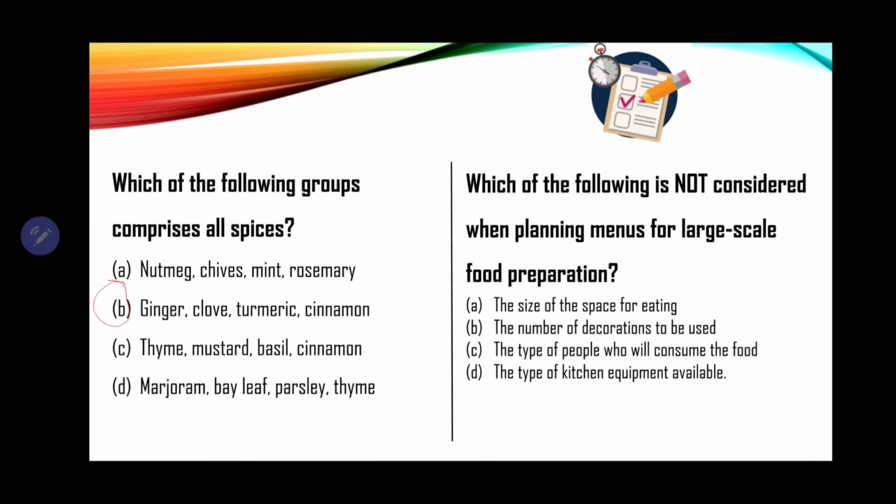C, the type of people who will consume the food. And D, the type of kitchen equipment available. Now, which is the answer, guys? If your answer is B, you are correct. So the number of decorations to be used is the correct answer here.